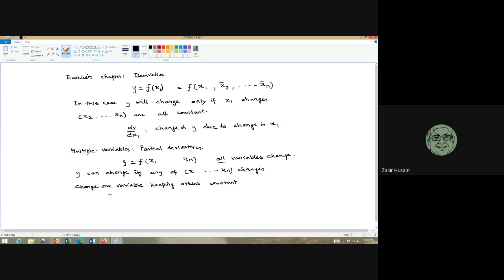So what we do is we change x1, keeping these constant, and find out the effect on y. We change x2, keeping the other variables constant, and find out the effect on y, and so on.